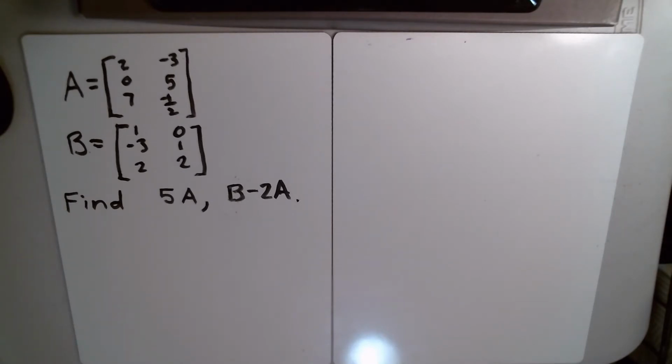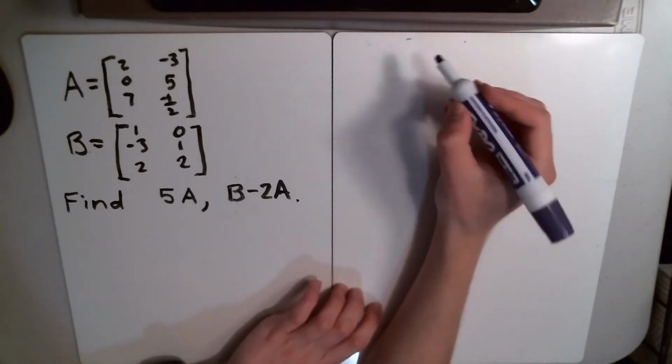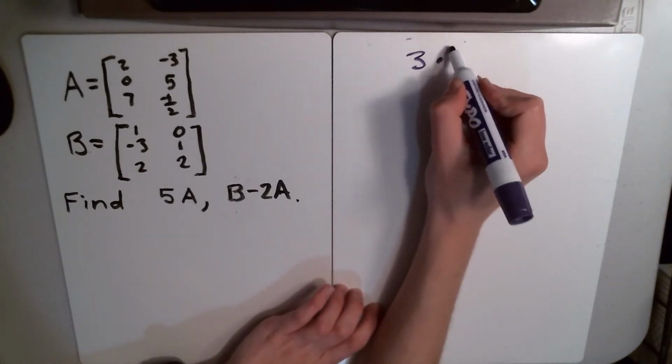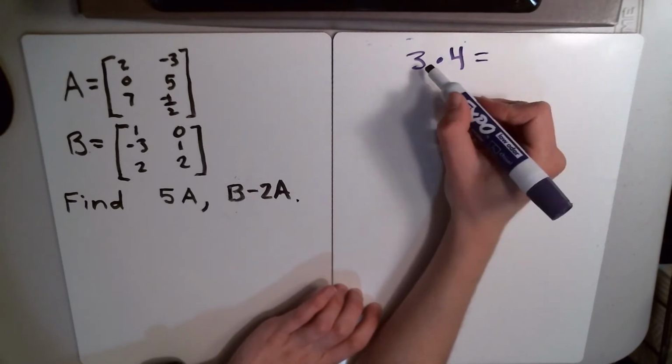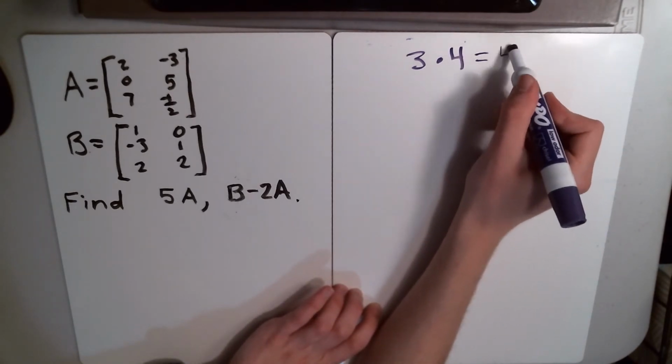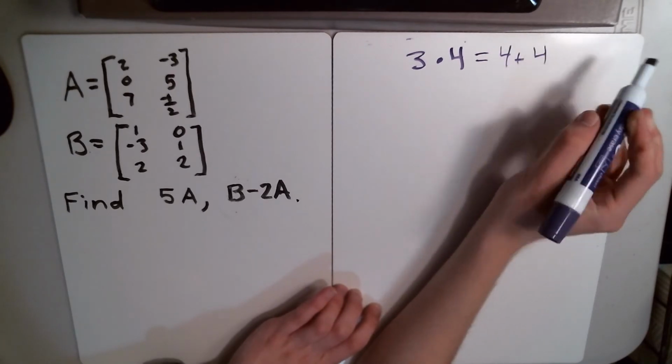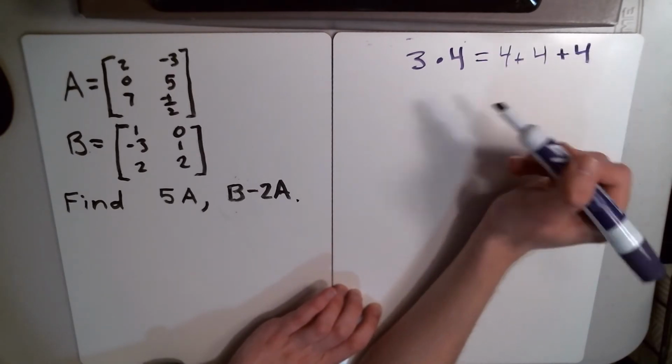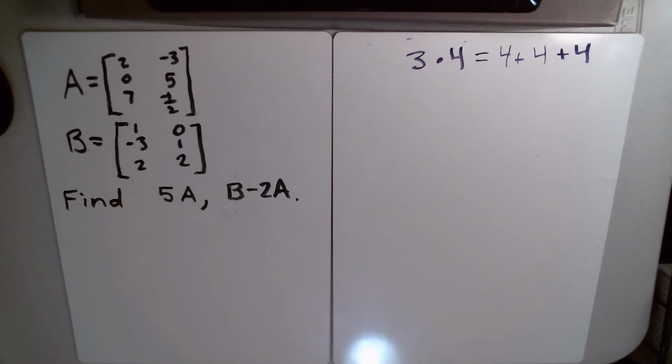If we think back to what multiplication means for numbers, 3 times 4 means I'm adding 4 to itself 3 times. Repeated addition is what multiplication by a number usually means.